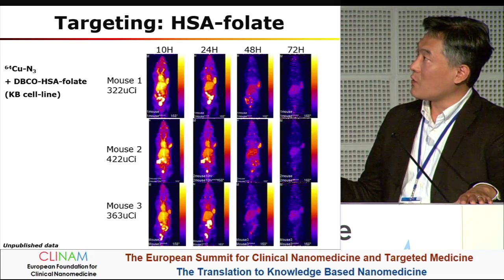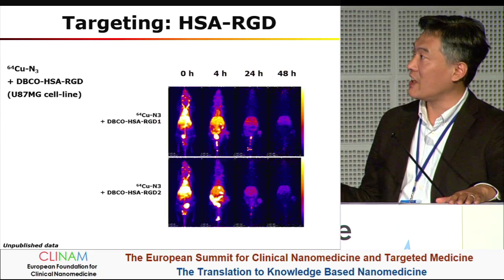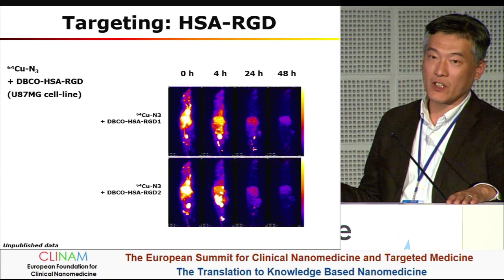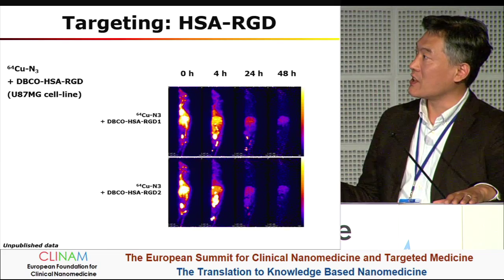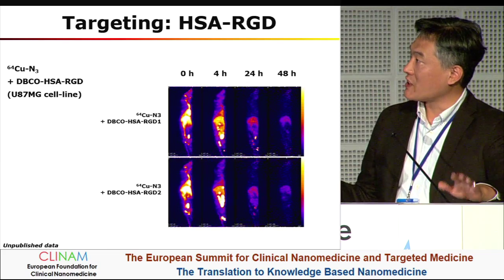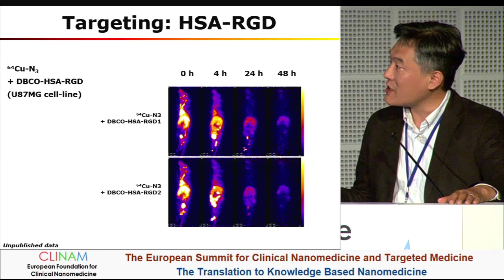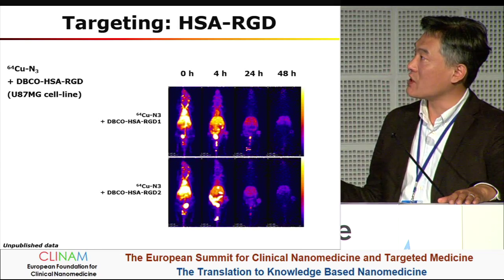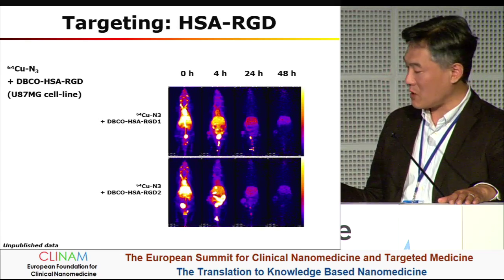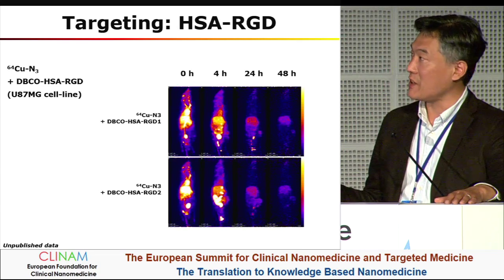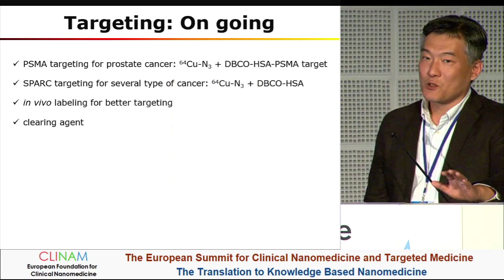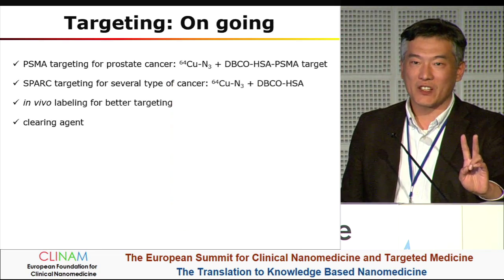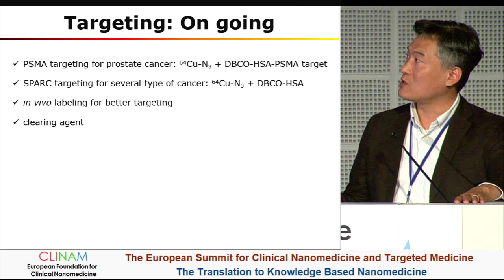This one is folate targeting imaging, and the next one is angiogenesis targeting imaging using the RGD peptide. You can see some activity in tumor-bearing mice, and you can also still see high blood pool activity. So now we have used two targeting systems.